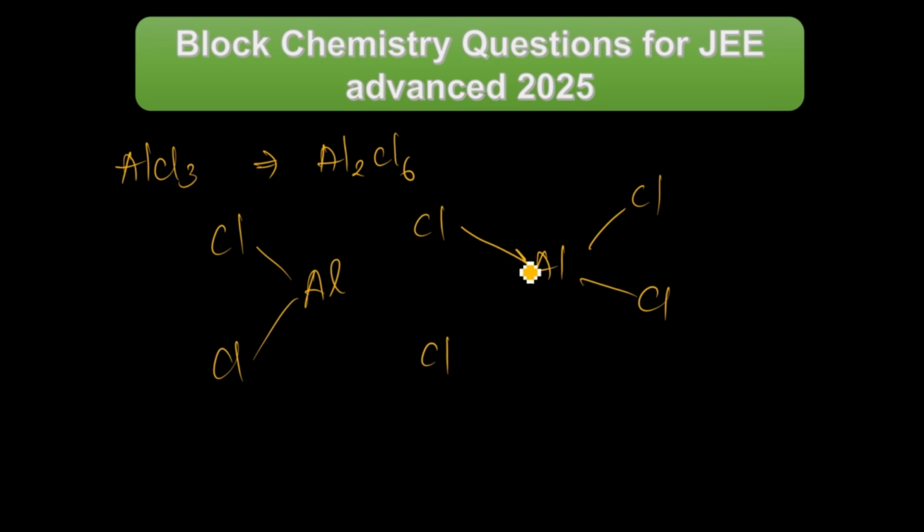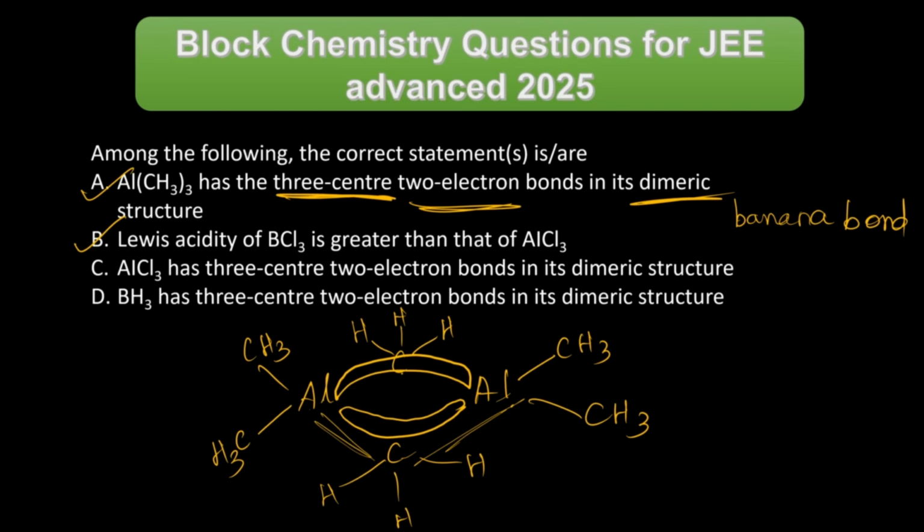But this is not following any banana bond. This is forming through 3-center 4-electron bonds. These bonds correspond to chlorine acting as a bridge between 2 aluminum ions. So this is not a 3-center 2-electron bond. This is a 3-center 4-electron bond.